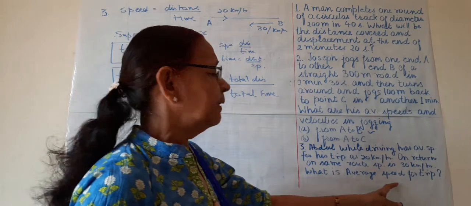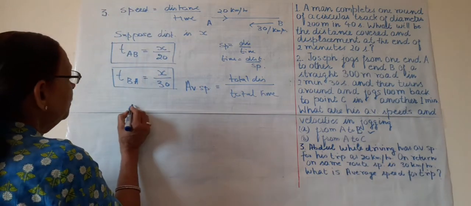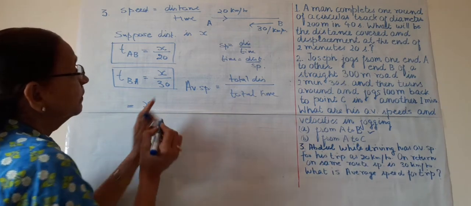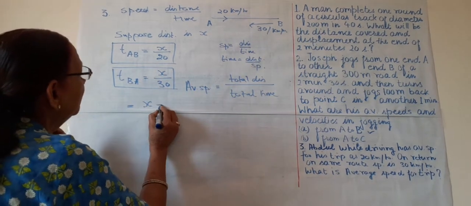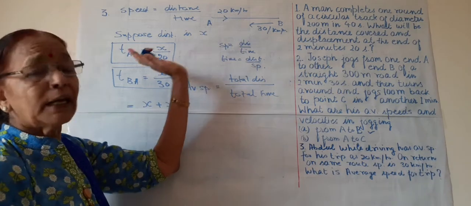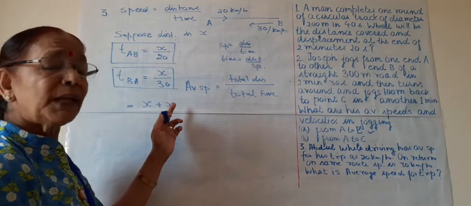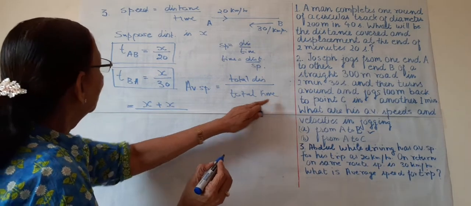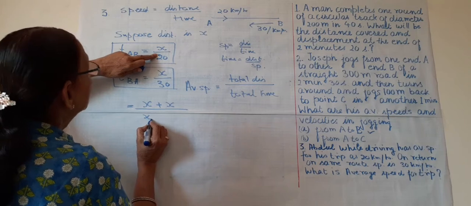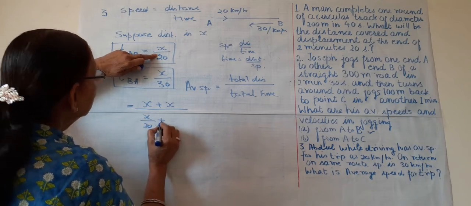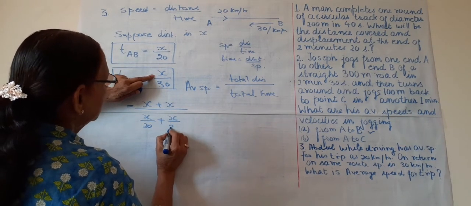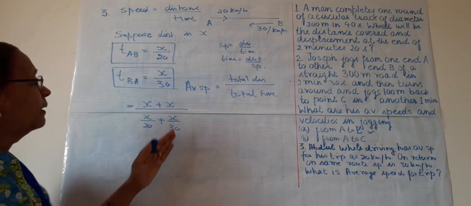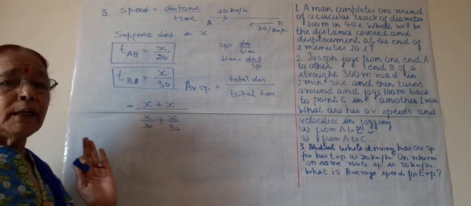So total distance is x on one side and x on the other side. Both are x's, so x plus x is the total distance. And total time is one time plus the other time, so x by 20 plus x by 30 is the total time.